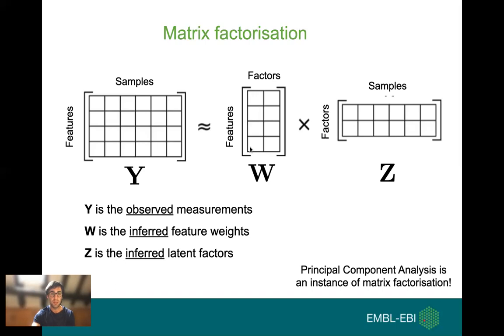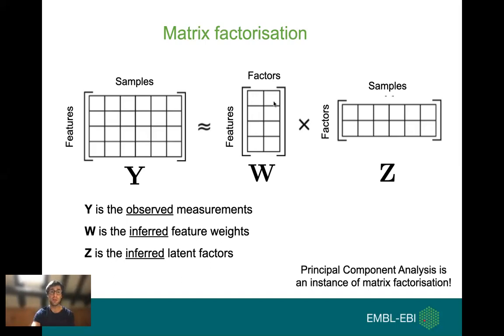The dimensions of that matrix are features times factors, and this matrix is key to provide the interpretability to matrix factorization. Because for every feature and every factor, you get a score. So for a specific factor, you can see exactly which are the genes or which are the features that are driving that factor.